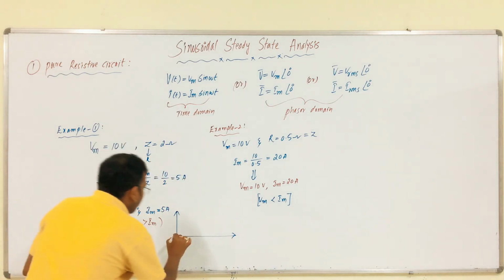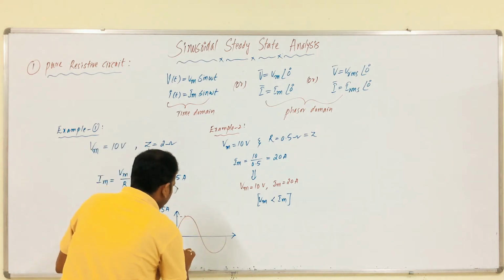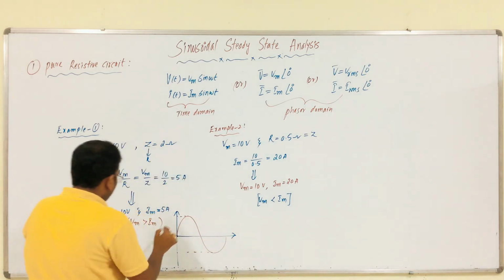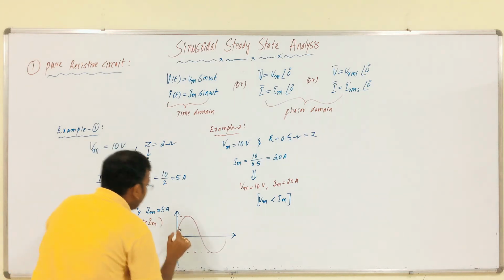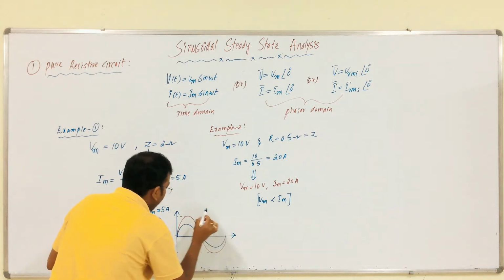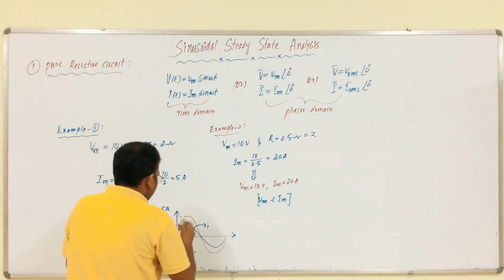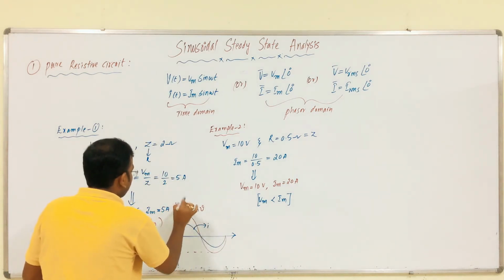So, from this, what is the phasor representation? Vm is more than Im, right? For example, this is voltage, Vm is more than Im. The amplitude of V is more than amplitude of I. Therefore, this is I, this is V, right? This is clear.